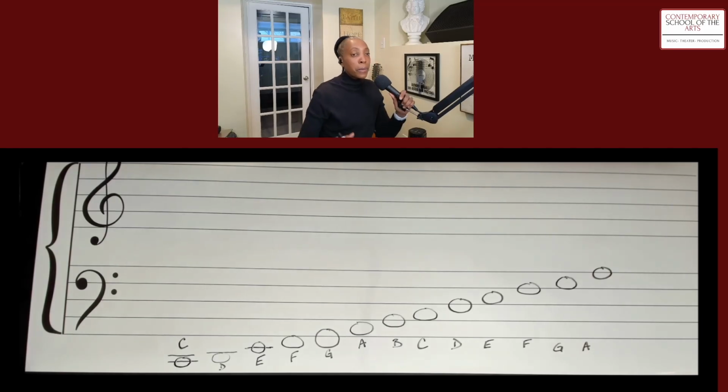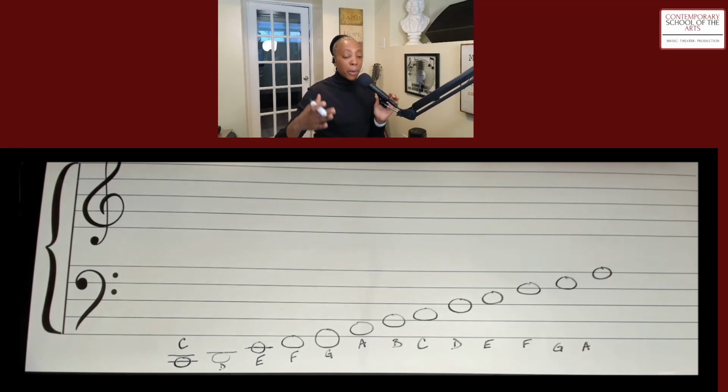But of course, we can continue going even lower, okay? We follow that same pattern. Nice work. So now you can see the pattern. Even below the bass clef staff, nothing changes, right?